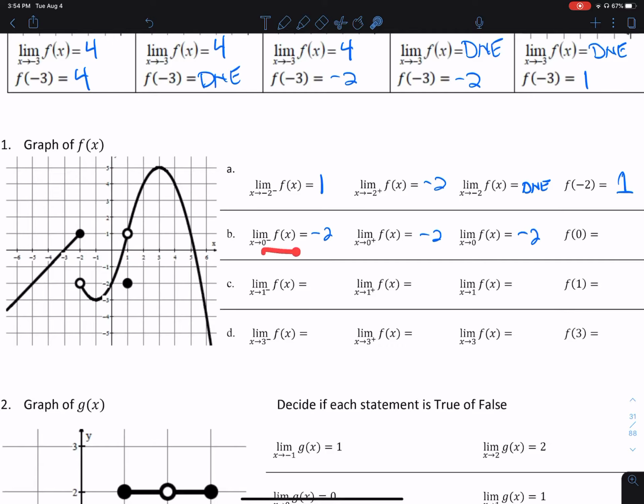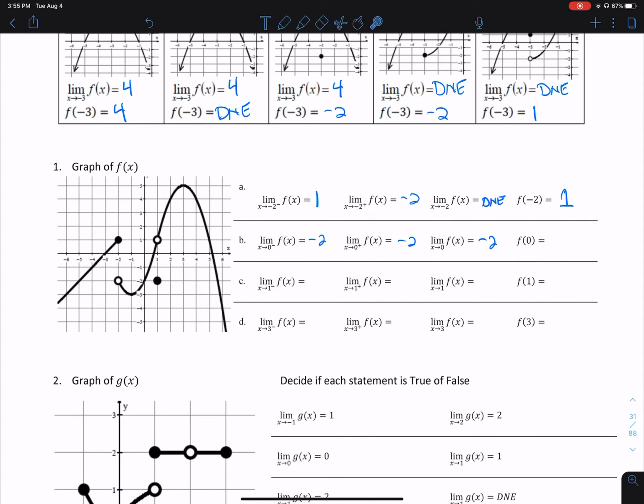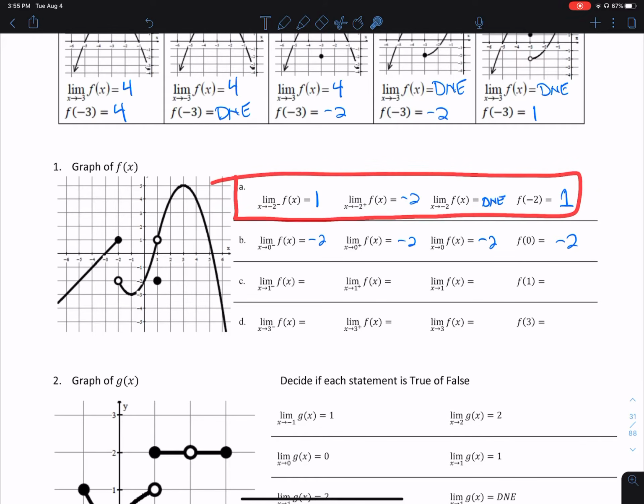You can find that without the graph just by looking at these two left and right-sided limits. What is f of 0? f of 0 is -2. This is asking what is the y value. Now, for this particular problem, the limits and the y value are the same. For the previous problem, not the same.